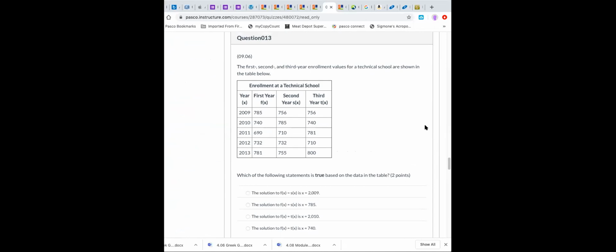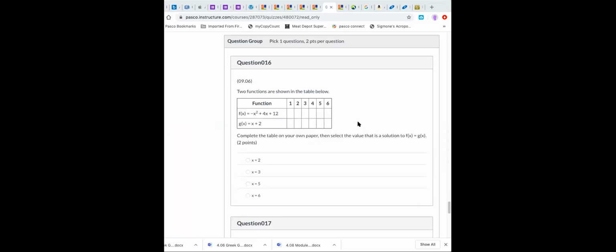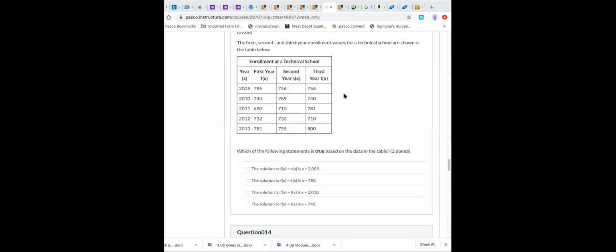Okay, so does everybody see this table here? I'm assuming it's a yes that we can all see this table. Okay, so now this is one of your last questions kind of deal. What they want you to do when they are asking this is find which statement is true.